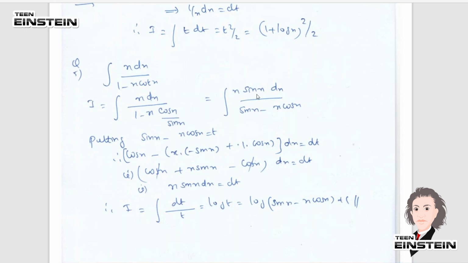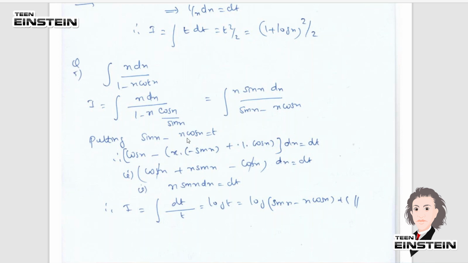So what substitution can we use here? If you take sin x minus x cos x is equal to t, what will happen? Differentiate with respect to x. On the left hand side, differentiation of sin x is cos x, minus the derivative of x into cos x. Here I have x into cos x, so I have to use the product rule, the UV rule.